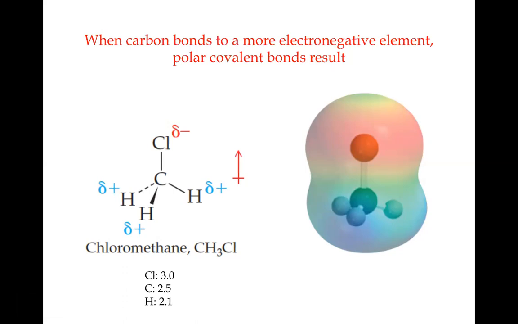And so chloromethane or dichloromethane, those are polar molecules. And dichloromethane is a polar solvent that's used very frequently in organic chemistry and in OChem labs, because of the polar solvents, it's not quite as volatile as, say, something like ether.